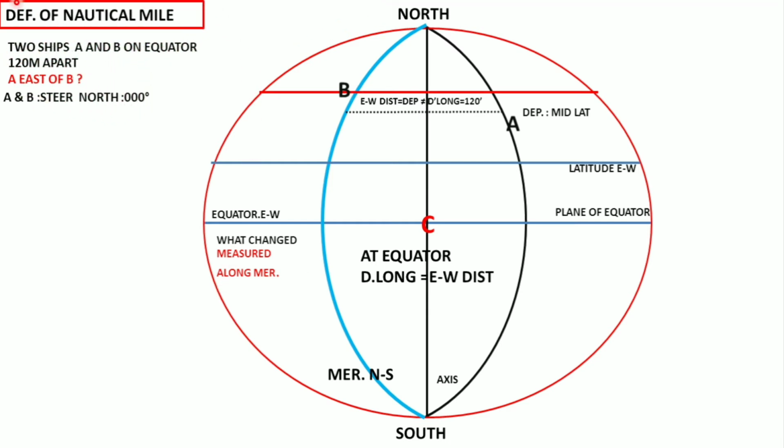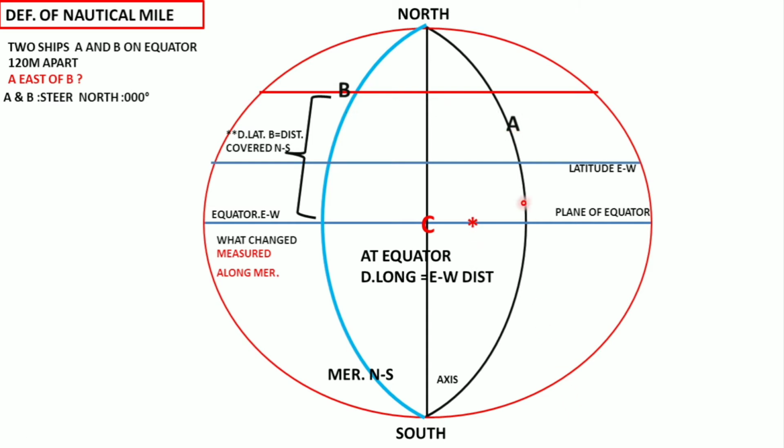And if you go by the definition of nautical mile, whatever distance it has covered, the d-lat is also the distance, because nautical mile is arc of the meridian. And ships have been moving along the meridian, so they have covered a distance of arc of the meridian. So the d-lat here can also be taken as the distance. Same for A. Whatever arc she has made, that is the distance covered by A.